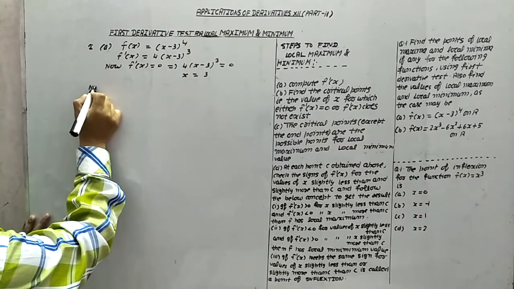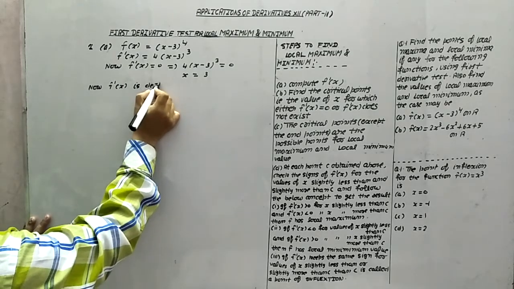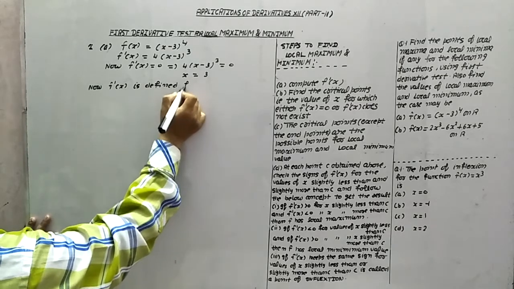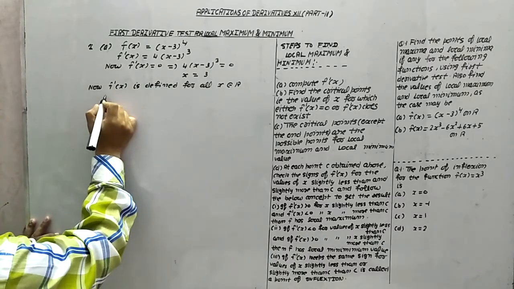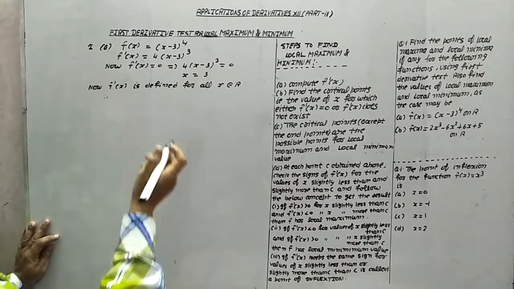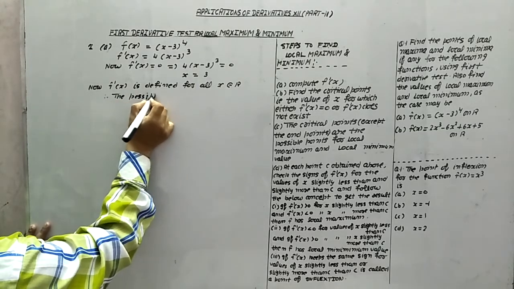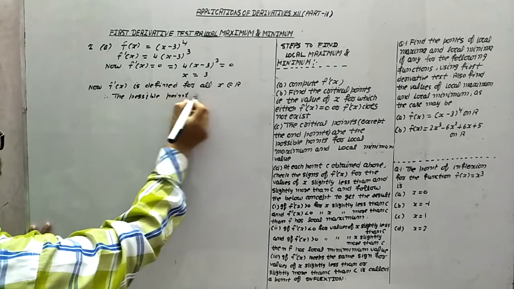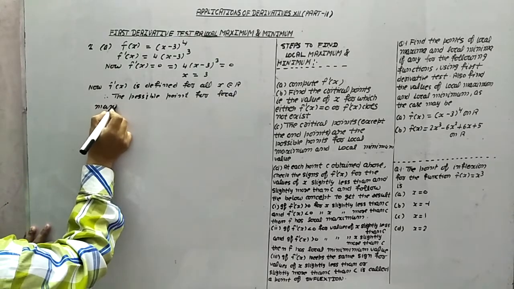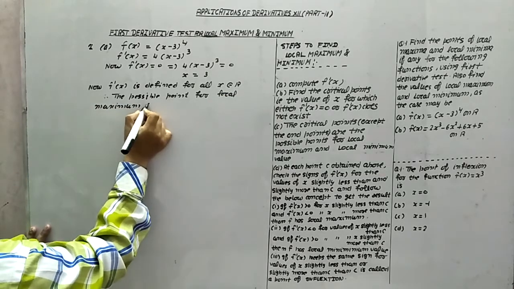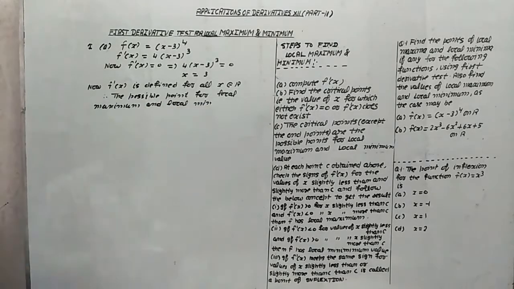Now f dash x is defined for all x belongs to R. Therefore x equals 3 is the possible point for local maximum and local minimum.